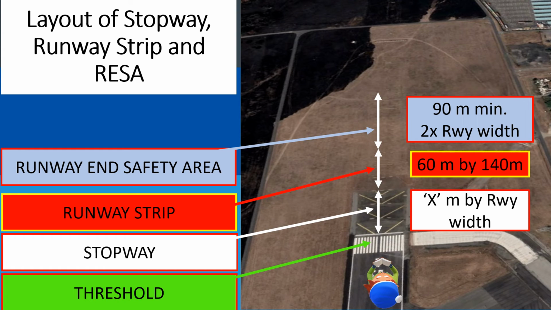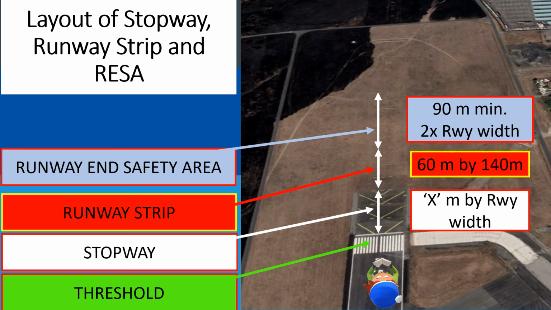Remember that the width of the RESA is measured from the center of the runway. So half of the width goes to one side and the same to the other side, evenly spreading along the length of the runway. I hope this gives you a clearer view of the runway end safety area.